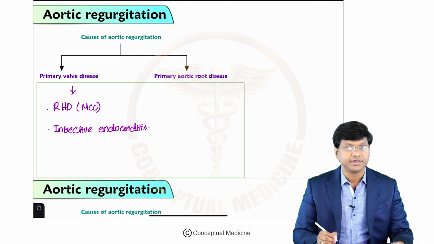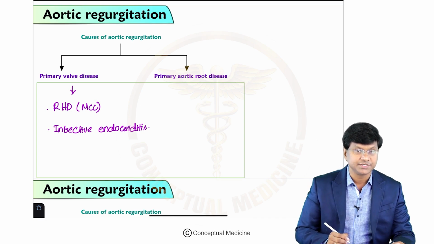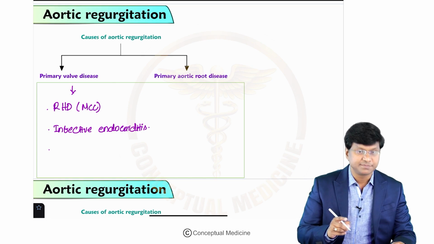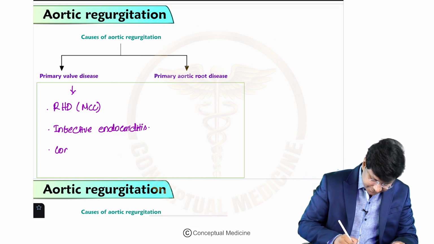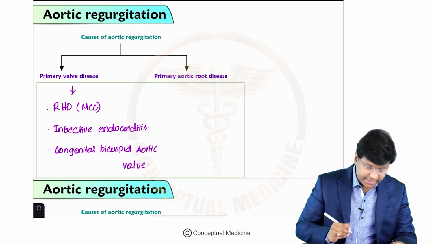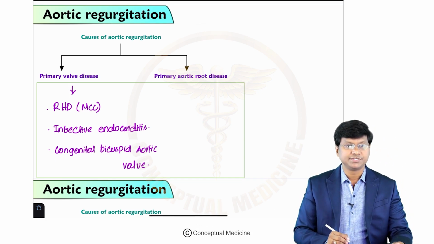This is another important etiology which will cause aortic regurgitation. Then congenital bicuspid aortic valve can also cause aortic regurgitation.